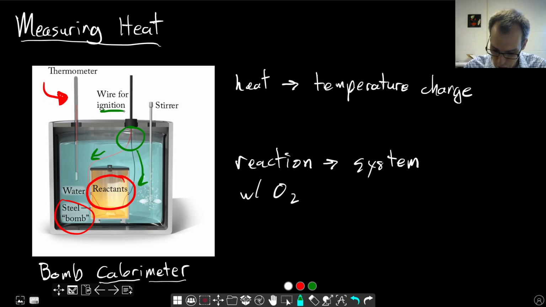And then surrounding our bomb, our system, our surroundings in this case is a bunch of water. The reason we use water is, as we've discussed, it has a high heat capacity, and so it can absorb a lot of heat from our reaction. And then all of this is inside of an insulated jacket.